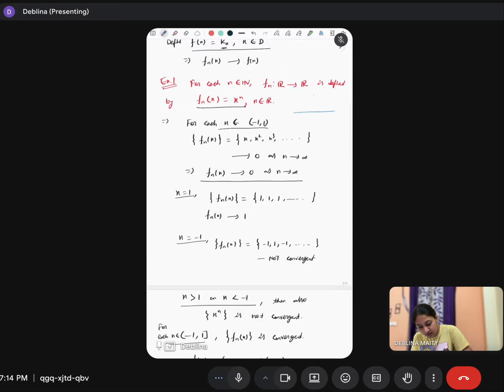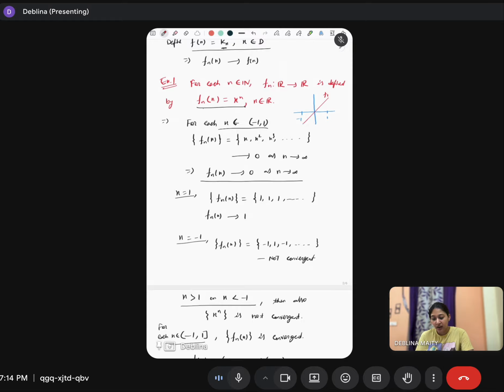So, if we only look at -1 to 1, the first function is our x, right? So it is this line. So it is our f1.